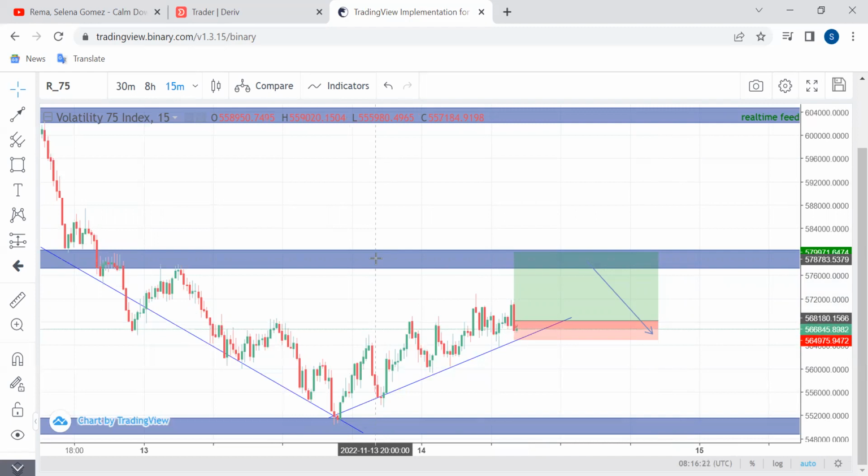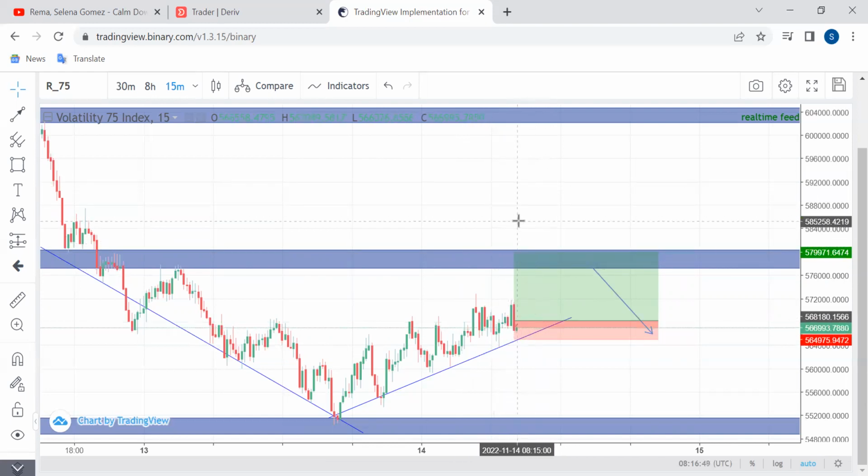And what that will tell us is that it has now broken this zone. And once a resistance zone is broken, it now becomes a support. And vice versa. Once a support is broken, it becomes a resistance. Once a resistance is broken, it becomes a support. So what we'll expect is that once it breaks out from here, it wants to push further up.